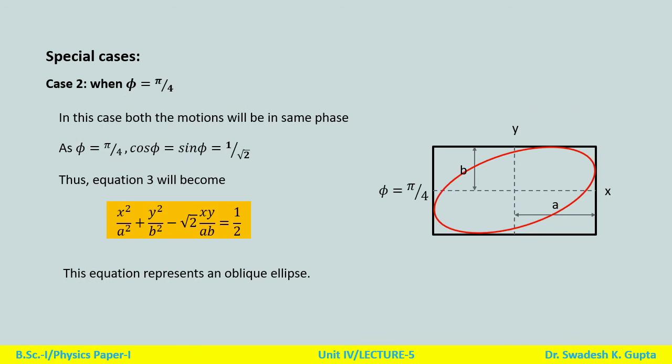In the second case, when the phase difference is pi by 4, cos phi and sin phi will have the same value, equal to 1 by root 2, and if we put these values, we will have this equation which represents an oblique ellipse as shown here.